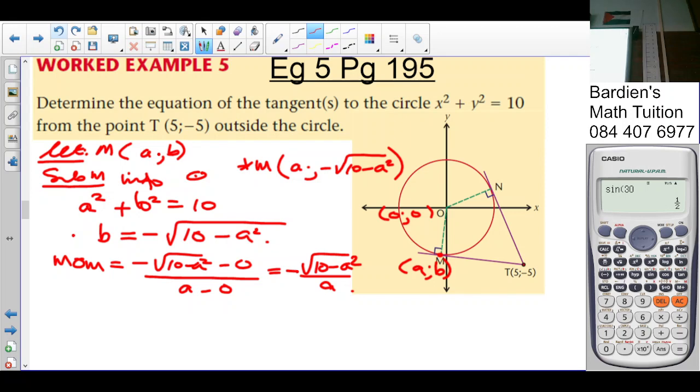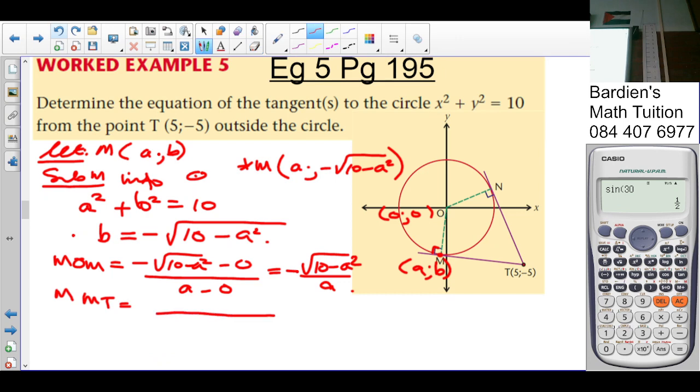for MO. As we know that is standing perpendicular to that, so we know that the gradient of OM times the gradient of MT is equal to -1. So I'm going to set up that equation now. Okay? So now we need the gradient of MT. So we get the gradient of MT again, change in y over change in x.